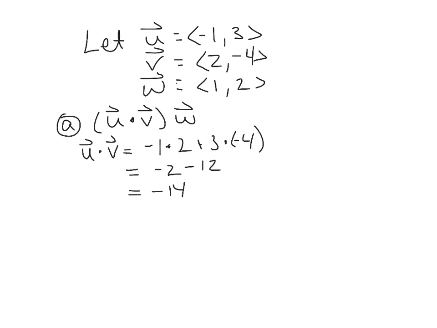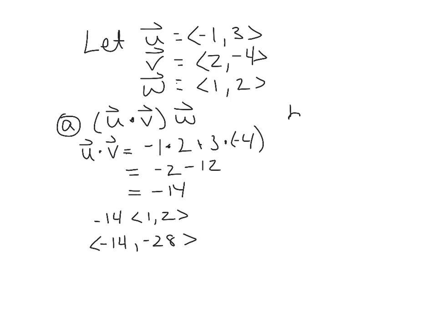So now I have negative 14 times W, which is 1 comma 2. And that equals negative 14 comma negative 28.